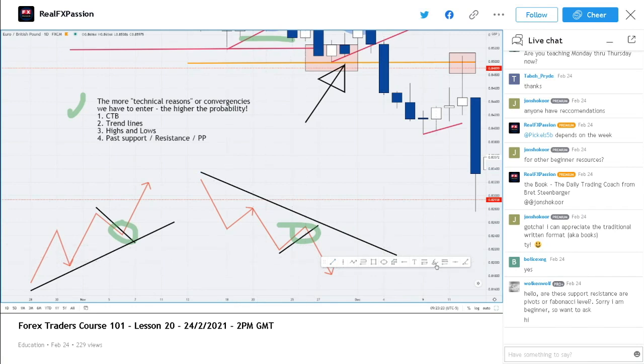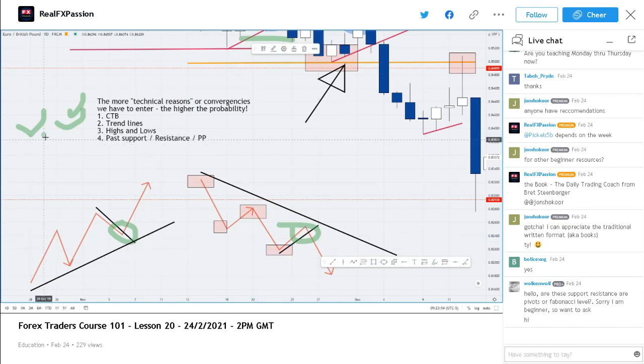Okay, so going back to the strategy, counter trend line break, check. Yes, we have. Trend lines, check, we have it. Highs and lows. Is the market making relevant highs, relevant lows in an uptrend? Yes, it does. Check. Is the market making relevant lower lows and relevant lower highs in a downtrend? Yes, it does.